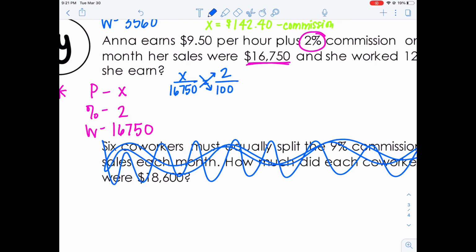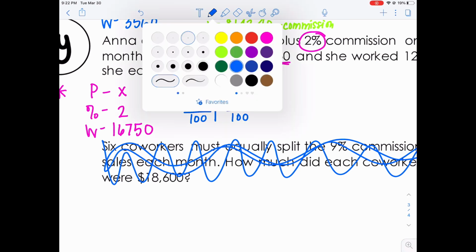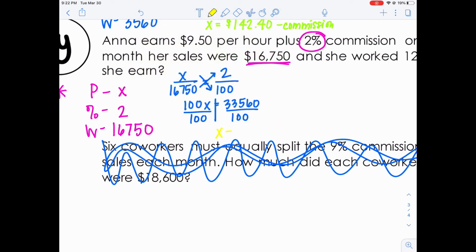Using cross multiplication, 100 times X is 100X, and 16,750 times 2 gives me 33,500. To finish solving, we divide both sides by 100, and that tells me that her commission, or X, equals $335.00. Remember, this is the amount that she makes in commission.